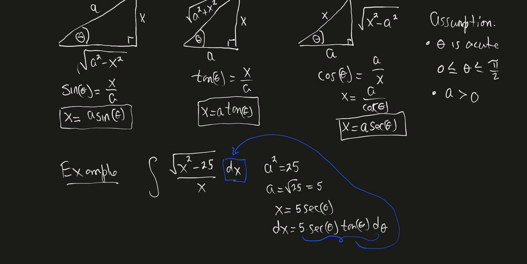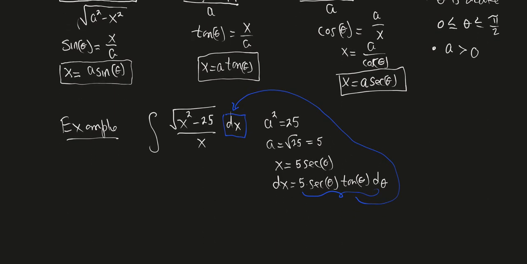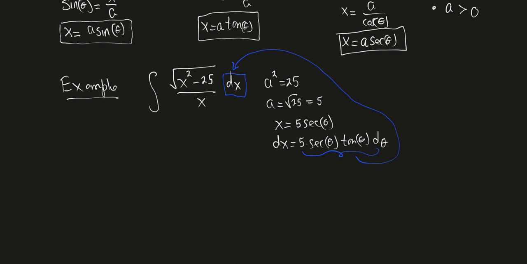So we have what the dx is. Next, we need to figure out what this square root of x squared minus 25 over x is in terms of theta. So let's do a bit of side work. Most of the work that you do in these problems is off to the side. It's more trig and algebra with a little bit of calculus sprinkled in. Let's take a look at just the integrand.